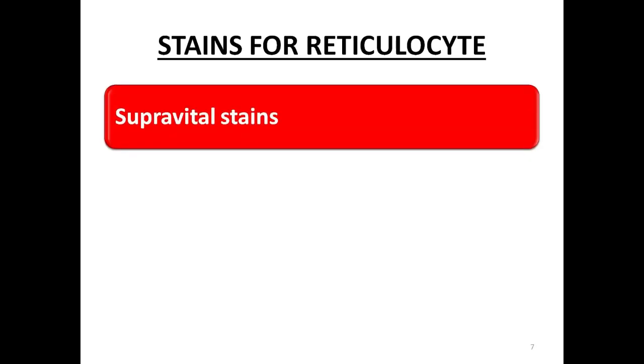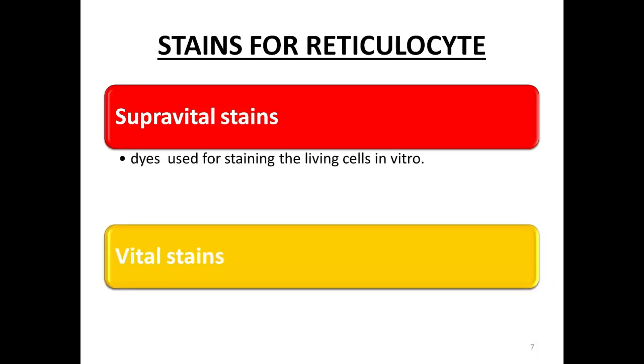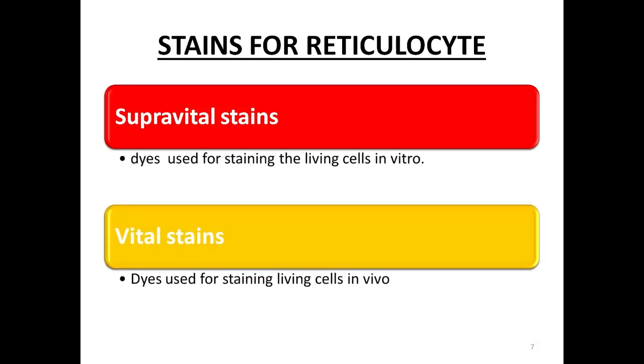What stains are used for the reticulocyte count? Supravital stain and vital stain. So what is a supravital stain? That is a dye used for staining living cells in vitro. The dye names I have placed in the next slide. What is the meaning of in vitro?